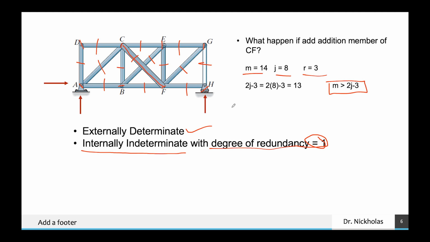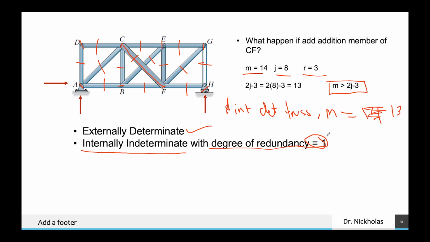So now, to have an internally determinate truss, you should have the total members equal to 13.